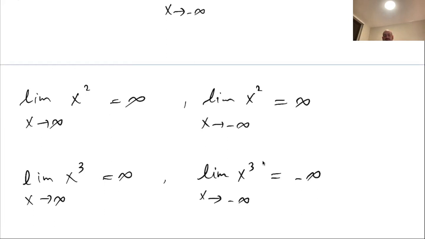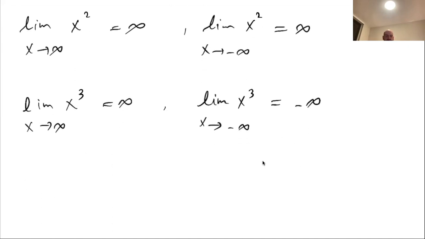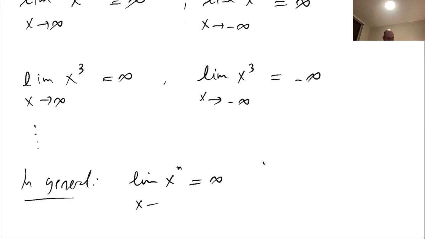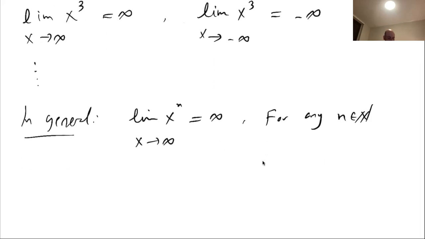If x is minus 100, minus 100, the whole cube, is the output, and so on. So in general, we can say the limit of x to the power n equals infinity as x approaches infinity for any natural number n, like 1, 2, 3, and so on.